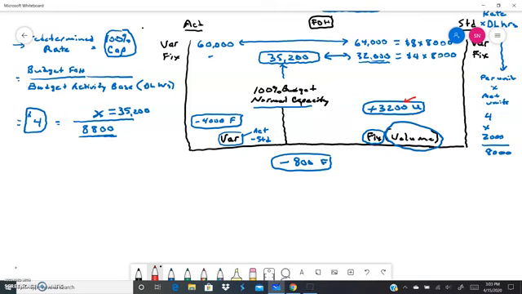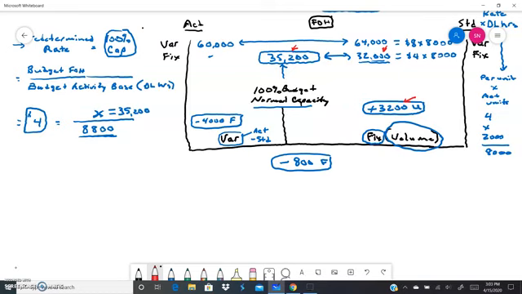And we ended up with that based on the fact that we had a budgeted normal capacity fixed factory overhead cost of $35,200, and we compared that to our standard fixed factory overhead cost based upon our actual production of $32,000, and the difference, of course, is the $3,200 of unfavorable variance.